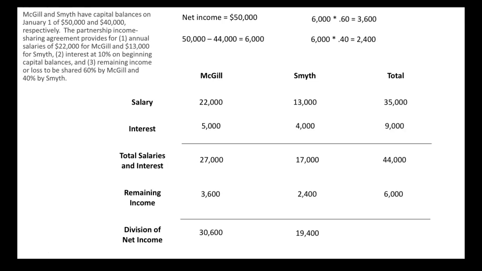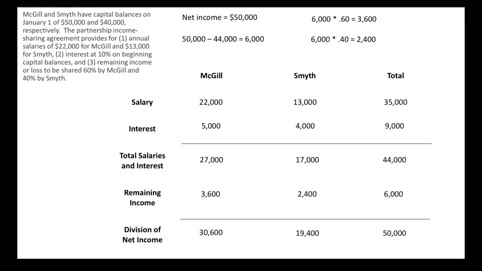So Smith gets 19,400. And then our total, we can either add the 44,000 plus the 6,000, or we can add across on that bottom line. Either way, we'll end up with 50,000.